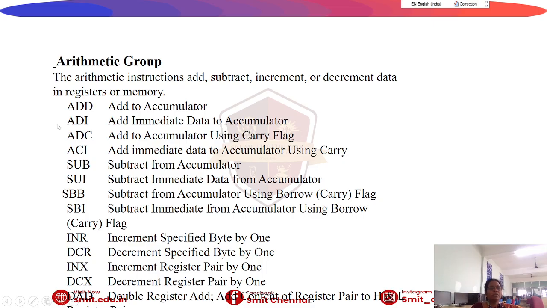So for example, ADD, that is add to accumulator, ADI, add immediate data to accumulator, ADC, add to accumulator using carry flag. And similarly, INX is nothing but increment the register pair by 1, and DCX is nothing but decrement the register pair by 1. These are some of the examples of instructions that are used in the arithmetic operations.